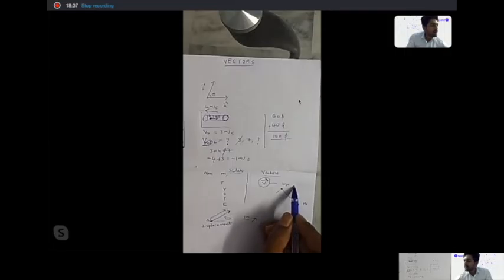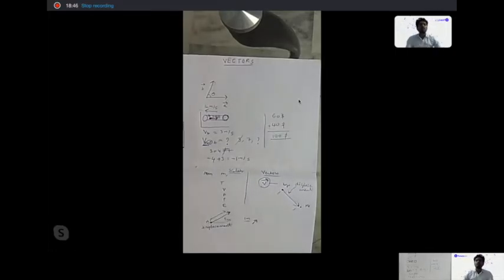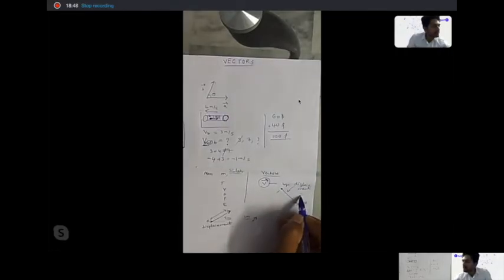This vector is called my displacement vector from Hyderabad to Chennai. We'll talk about this in future, but just remember it as of now. It's just called a displacement vector represented by S bar.